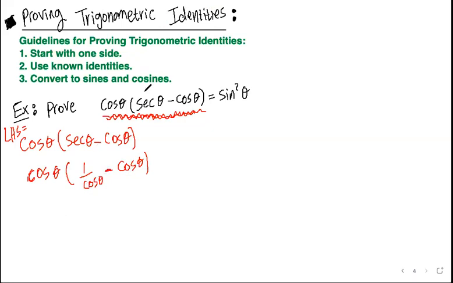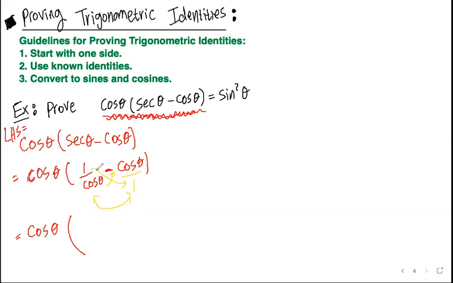So the common denominator here actually is over 1. This is over 1 here. So we do cross multiply. The 1 by 1, and this one by this, and the 1 by this. I get now cosine of theta times 1 minus cosine.